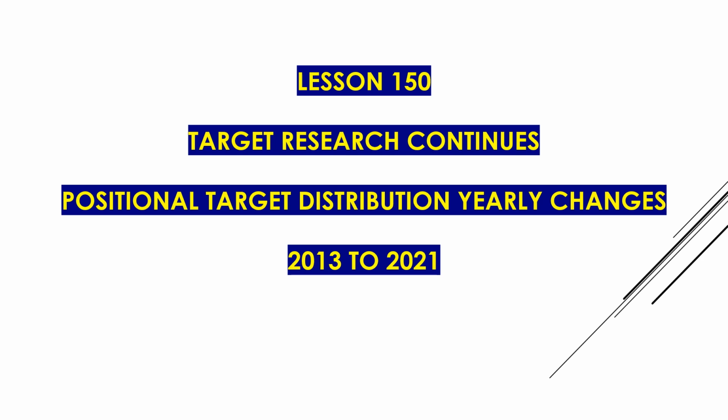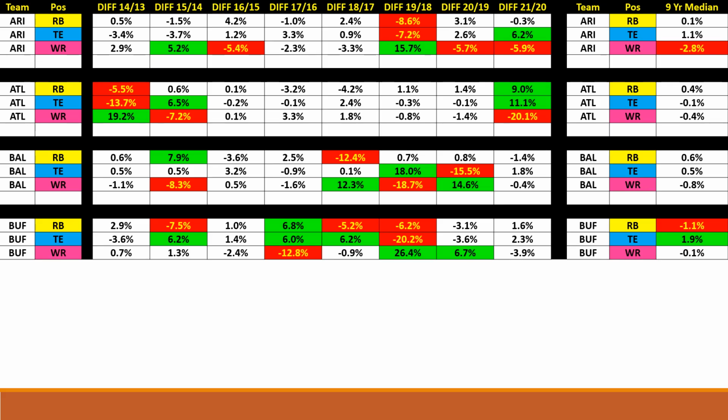So with those caveats, let me knock this out. I think I've got a couple of these, and then I've got some more lessons coming. But anyway, this is quickly how I'm going to go through 4 teams at a time here. So this is just quick tabular data. The team, the position, and the differences between year to year. So when I have DIF, that's difference 14 to 13.